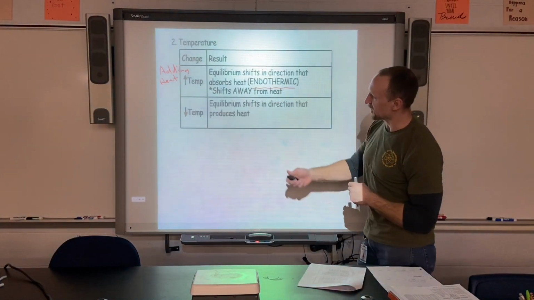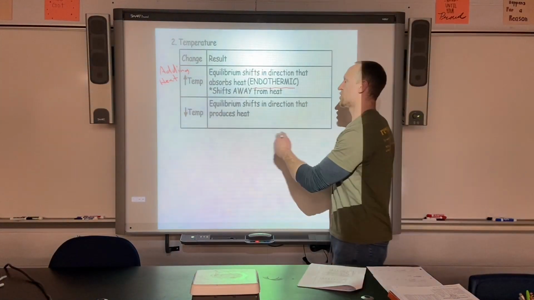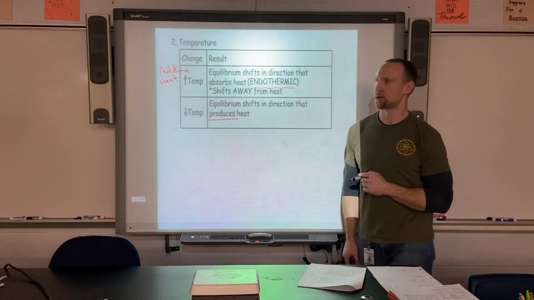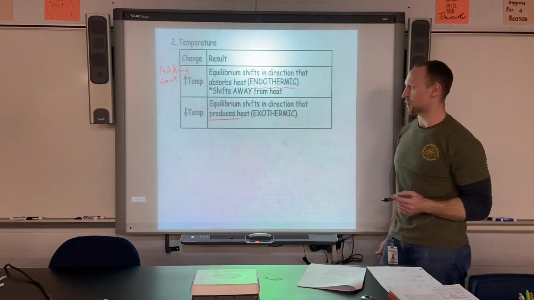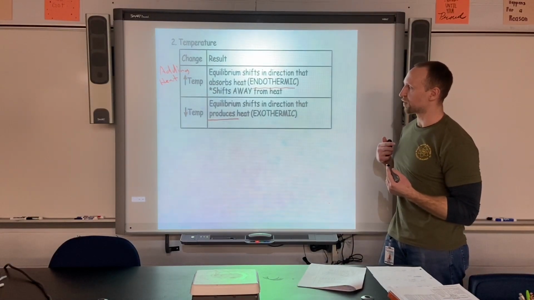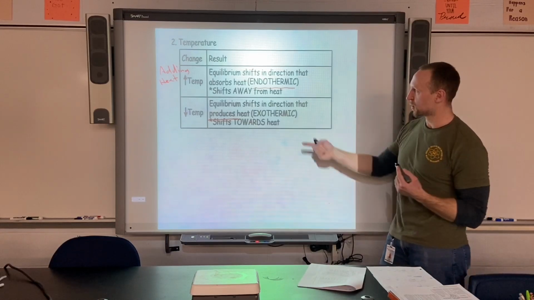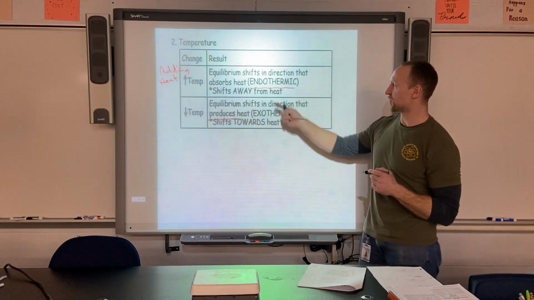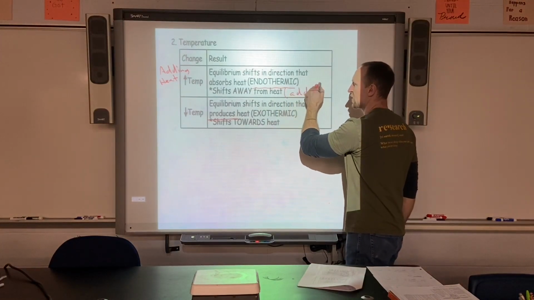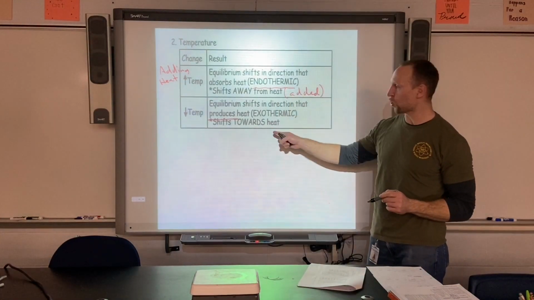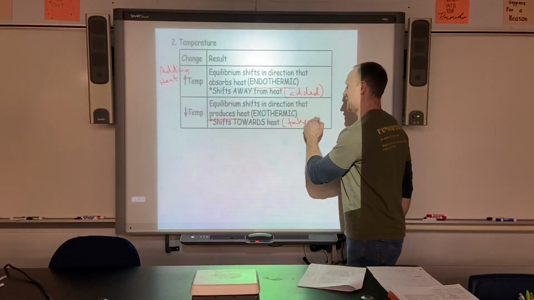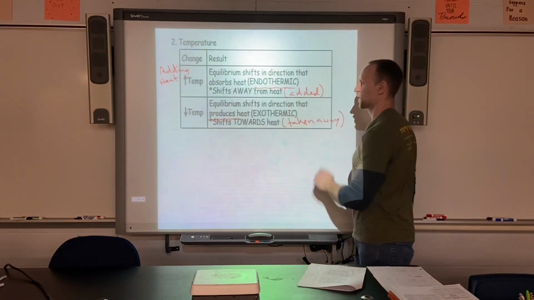Now if I decrease the temperature, then we're going to shift in the direction that produces heat. That's our exothermic process. So what did we say before? We want to shift towards what's taken away. So shift away from heat when it's added, and shift towards the heat when it's taken away.